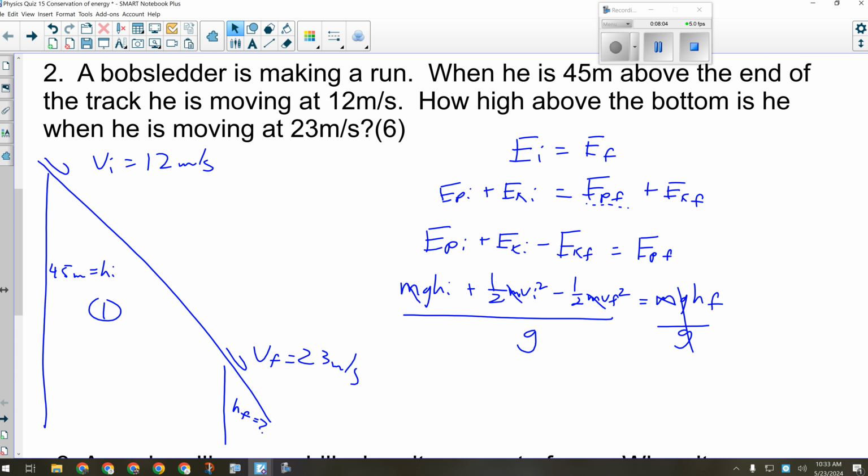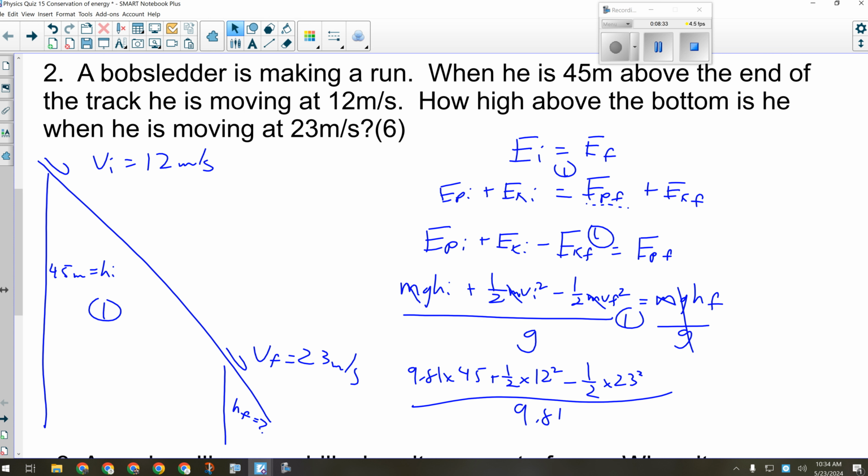Now, this would be a 6-mark question. As I said, you get 1 for your givens, 1 for conservation of energy, 1 for your isolation, 1 for your manipulation. What are we up to there? 4. Okay, 1 for plugging in your numbers. So that would be 9.81 times 45 plus 1/2 times 12 squared minus 1/2 times 23 squared, divided by 9.81.